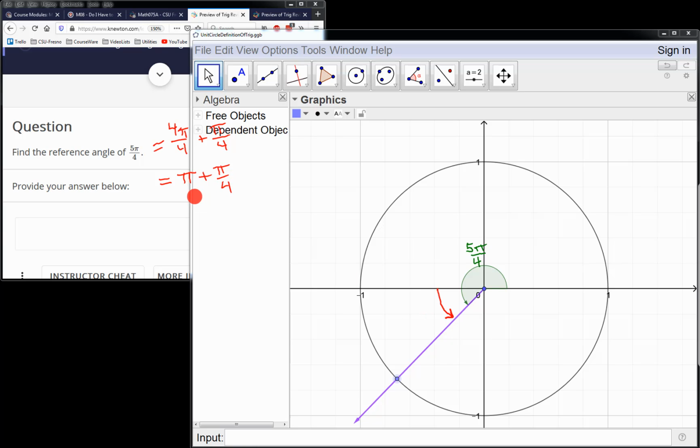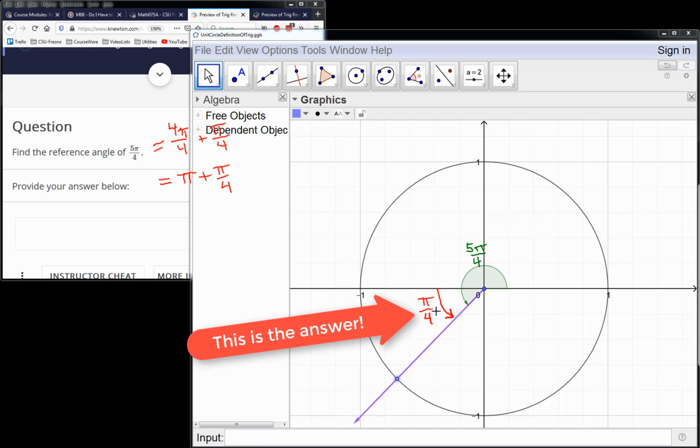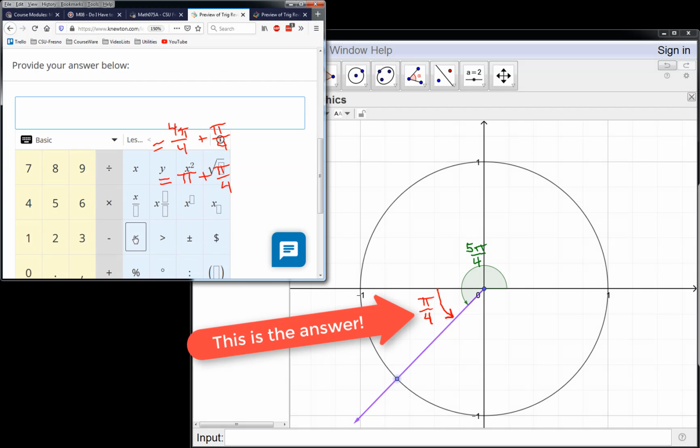Thinking about the angle this way makes finding the reference angle pretty easy. So this red angle is just pi over 4. All right, so the reference angle for the angle 5 pi over 4 is pi over 4.